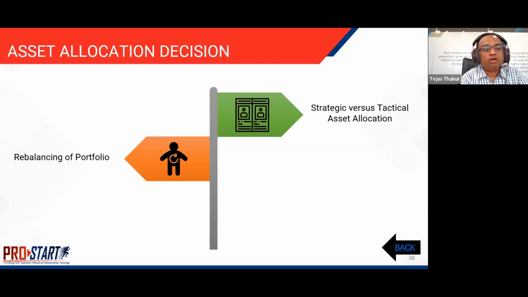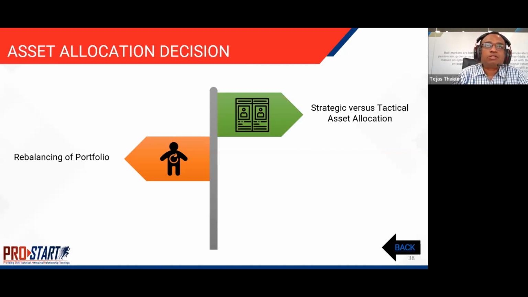The asset allocation decision may also require rebalancing of the portfolios, which may be required over a regular interval to take advantage of the tactical asset allocation decisions. The rebalancing of portfolio would require an evaluation to see whether the benefits of rebalancing the portfolio are higher than the cost incurred in rebalancing the portfolio.